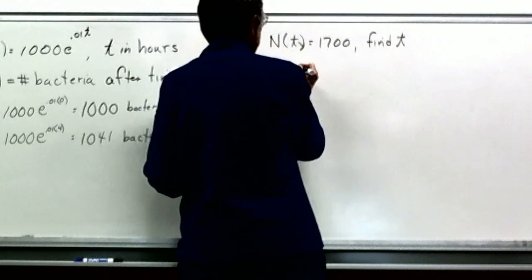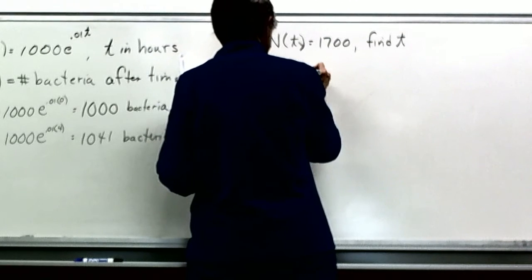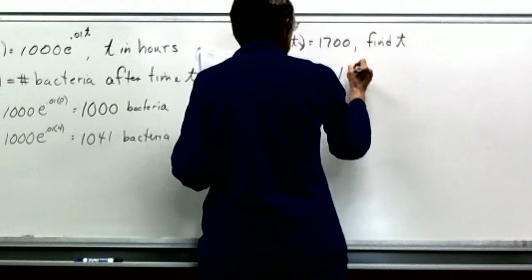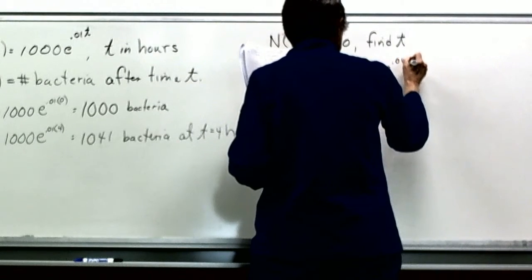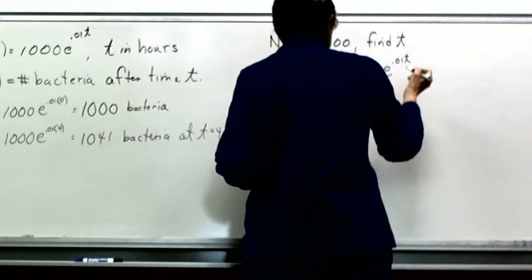So we have 1,700 equal to 1,000 e to the 0.01 t.